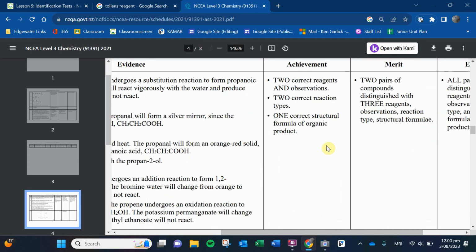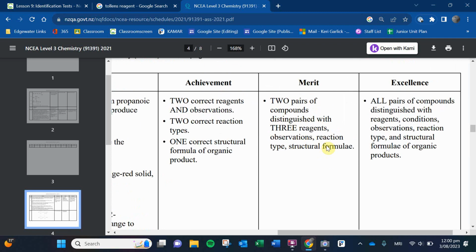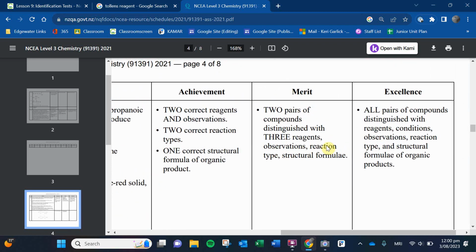So if we're looking at the achieved, merit and excellence requirements, achieved is just getting 2 correct reagents and observations. It is worthwhile to take a guess and give everything a go because you just need to get 2 out of the 6 molecules there. All right. Other thing was 2 correct reaction types.